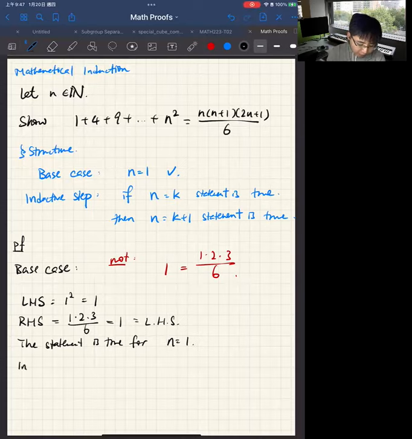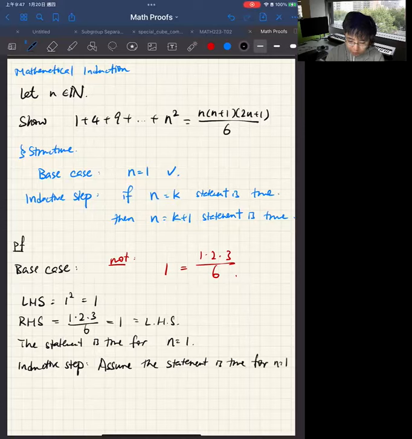So, the inductive step. Assume the statement is true for n equals k, where k is a positive integer. So you have 1 plus 4 plus 9 plus ... plus k squared equals this.